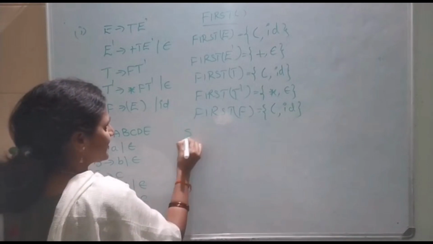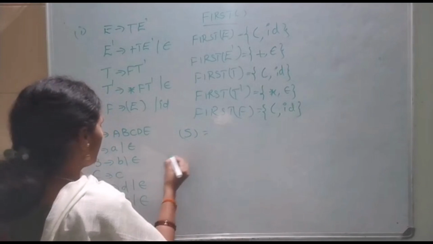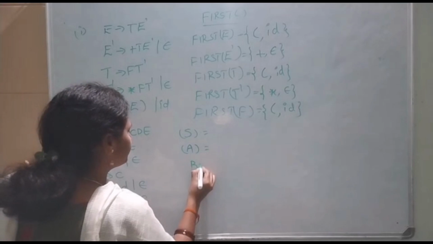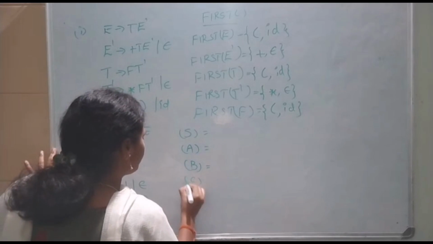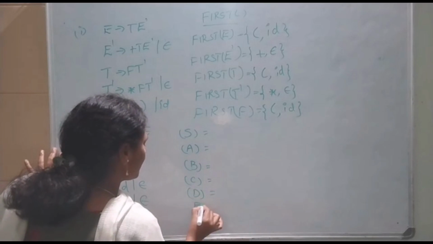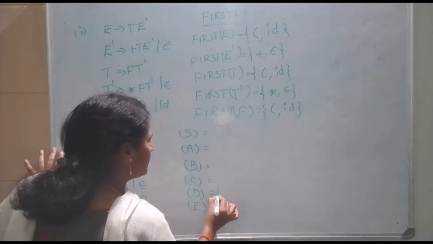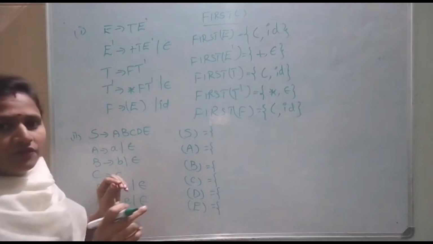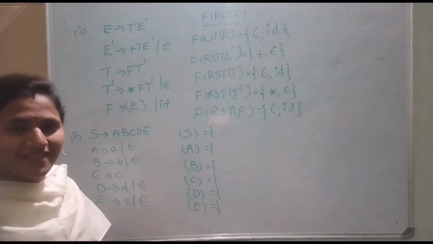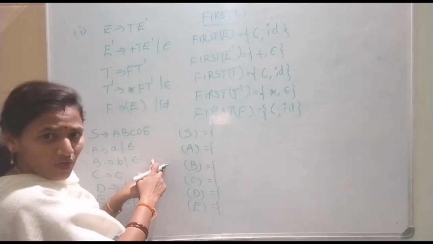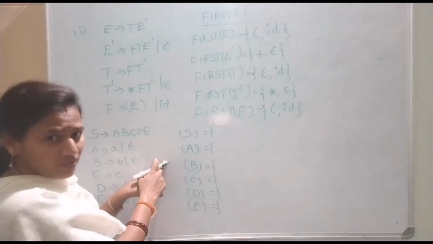What is first of S? What about A? You are going to compute B, C, D and E. Here first you have to know for which productions epsilon is there. Identify the easiest productions which contain epsilon. For them first we need to compute the first function.